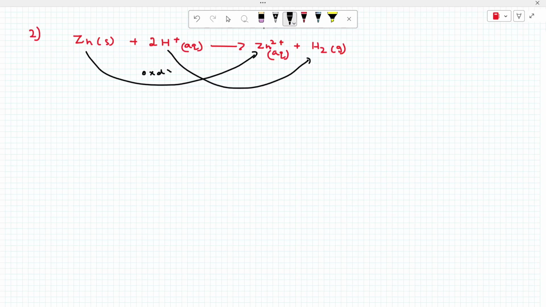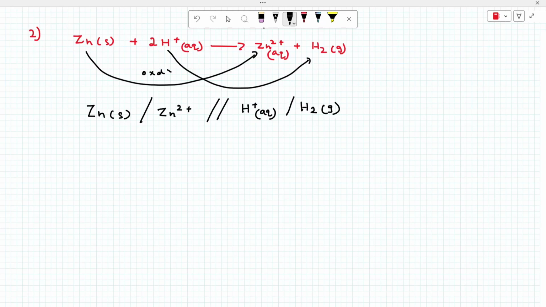Tell me the cell representation, students. Zn solid, Zinc solid becomes Zn 2 plus, then double vertical line. Do we use 2H plus or H plus? H plus, good. H plus aqueous becomes H2 gas.